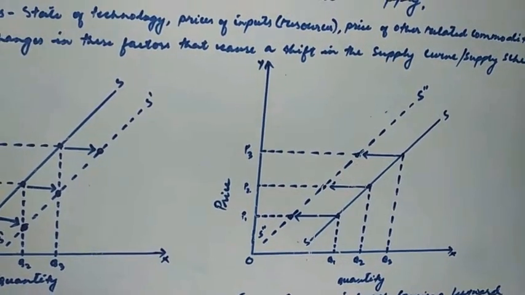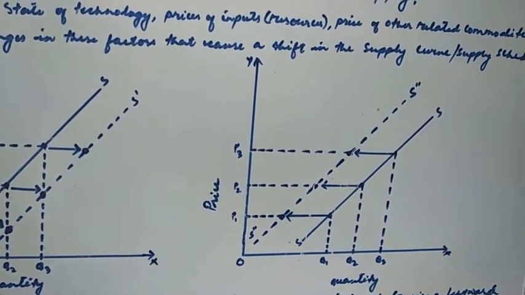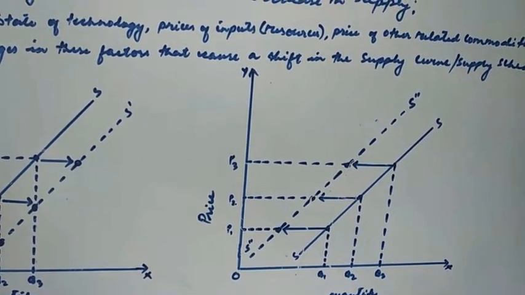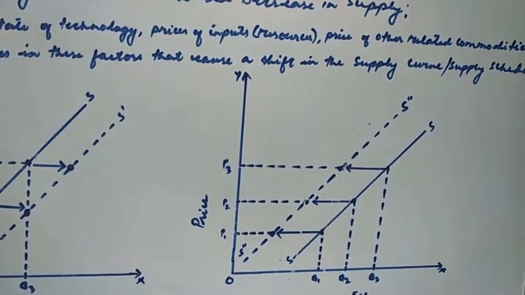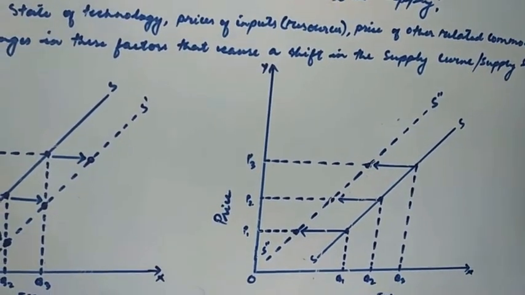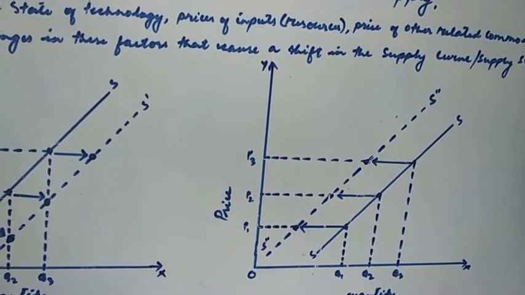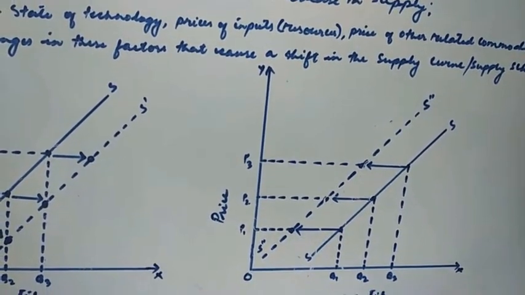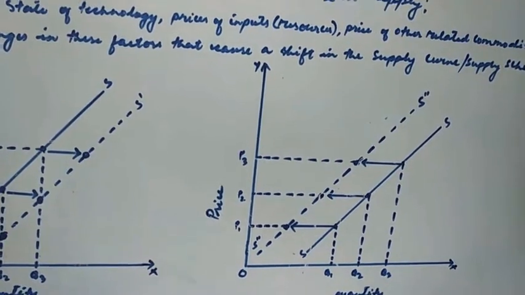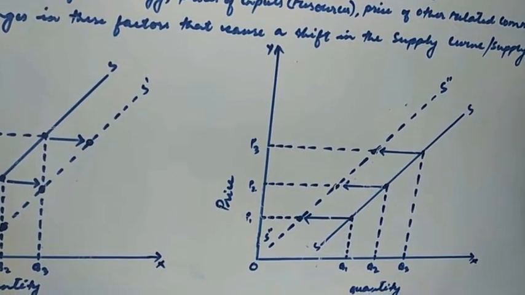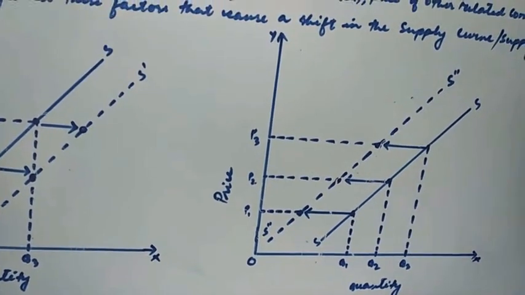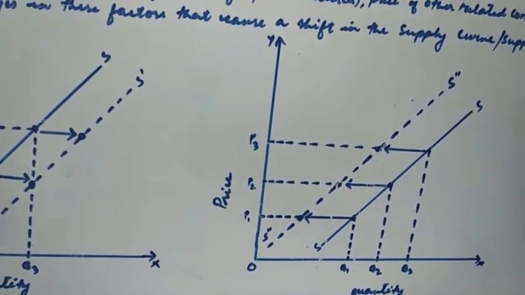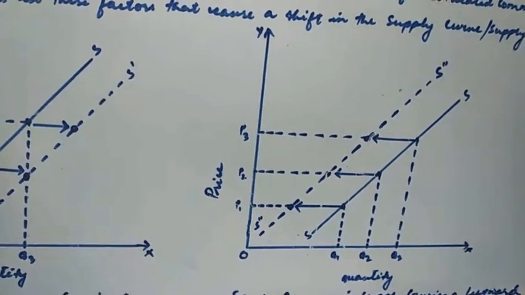When the prices of the factors or inputs used for production of a commodity go up, the commodity is produced at a higher cost per unit, which causes a reduction in quantity supply at its prices.